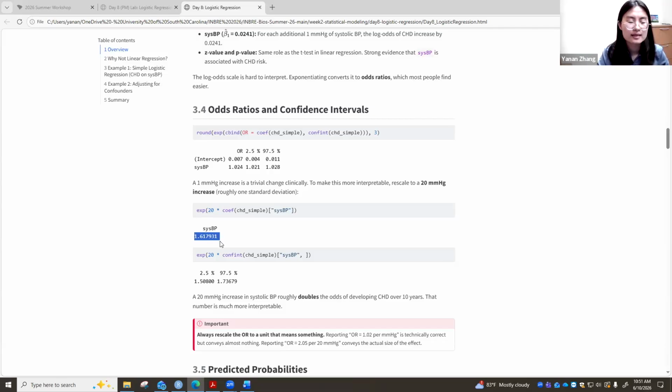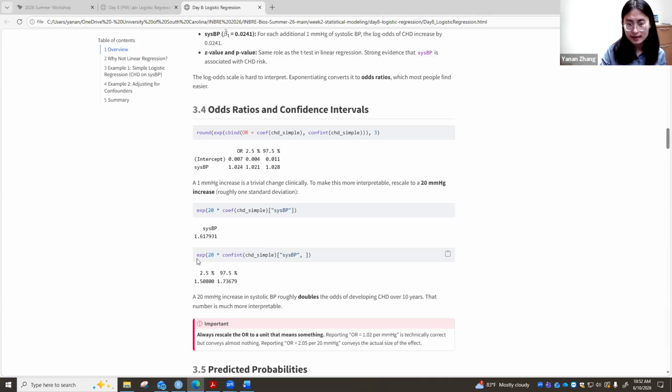Let's interpret this in the context of the problem. If we increase the systolic blood pressure by 20 millimeters of mercury, then the odds of getting coronary heart disease will be multiplied by 1.6. Or we can say the odds will increase by 61.7 or 61.8%. That's the interpretation.